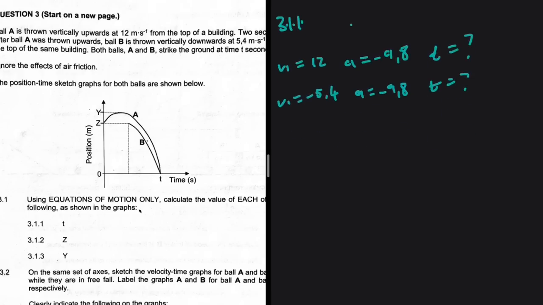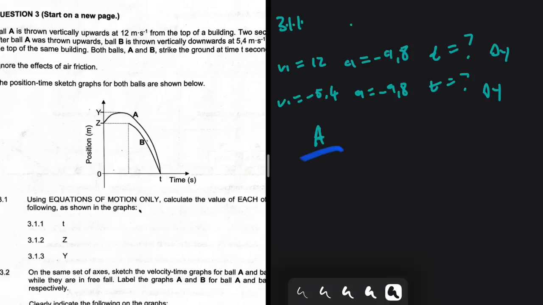If we focus on ball A first, which equation do we want to use? We want an equation that involves delta y. Why am I choosing delta y as the fourth variable? Because they are thrown from the same height, so at time t, when they strike the ground, they have the same displacement.